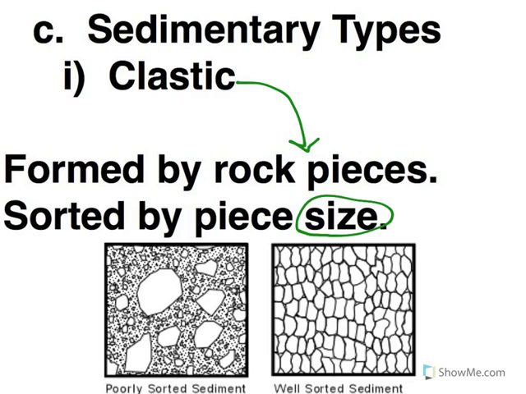Now one size is boulder, which I don't have a slide for in this presentation, but that's going to be very large, and as the name implies, a large broken off piece of a rock would be a boulder.